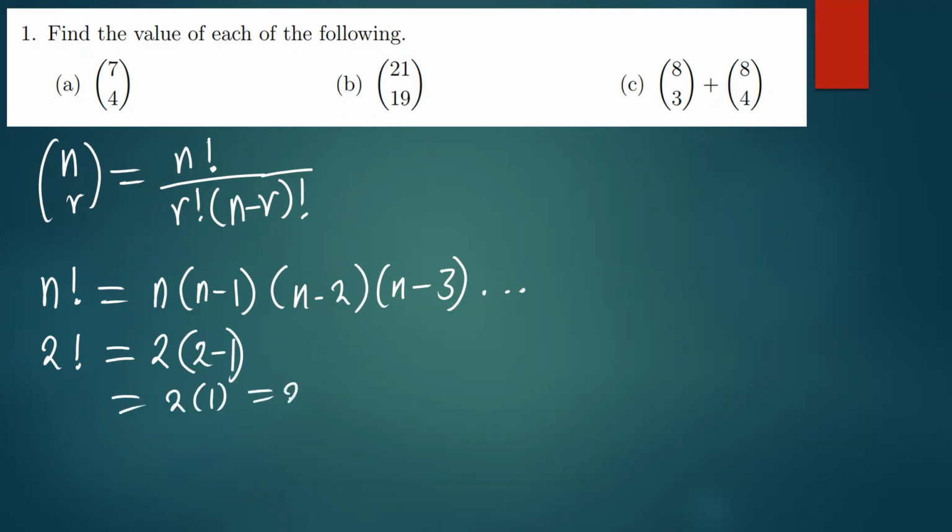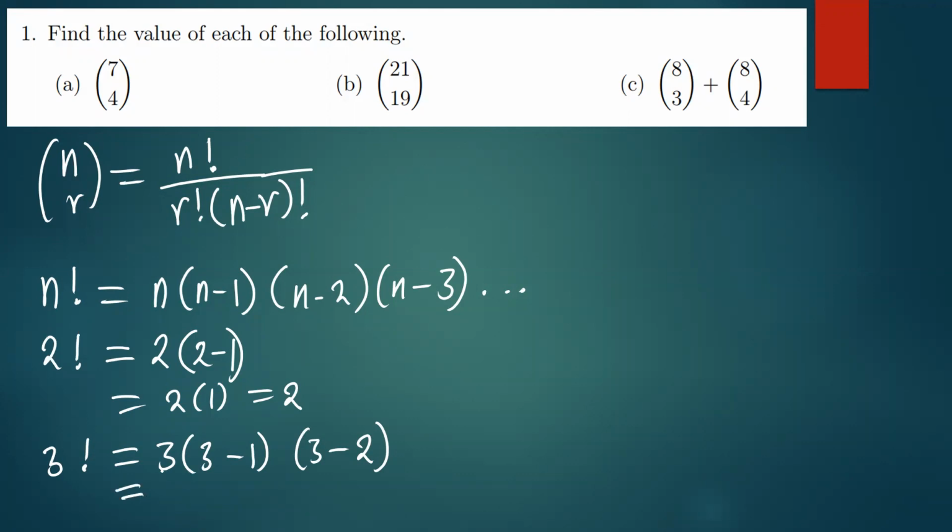And the answer gives us 2. If they say 3 factorial, we have the first value, 3. Then from there we have 3 minus 1, then 3 minus 2, and we end there.